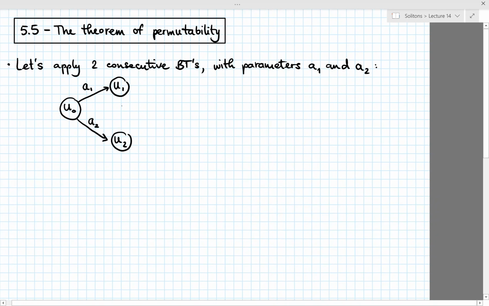For each of these two choices, we can then apply the second Backlund transform with the other parameter. So from U1, we can go to U3 if we act with the Backlund transform with parameter A2, and from U2 we can go to U4 if we act with the Backlund transform with parameter A1.